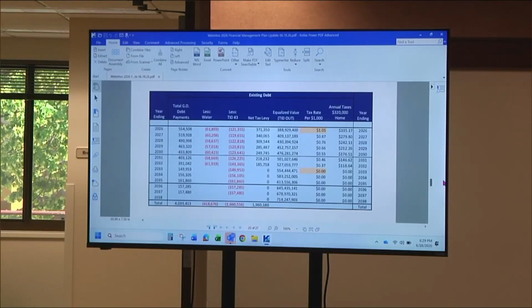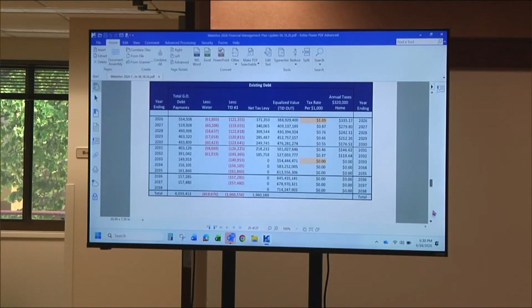Because after 2032, TID 3 is the source. The increment generated from Tax Increment District 3 is paying for those, versus it being levied on your taxpayers. Okay?